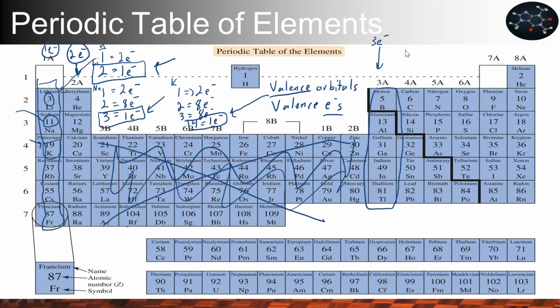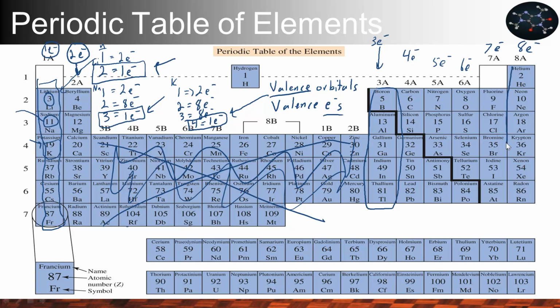You see where this is going, right? 4, 5, 6, and 7 valence electrons, not Z, 7. And finally, in the last row, 8.